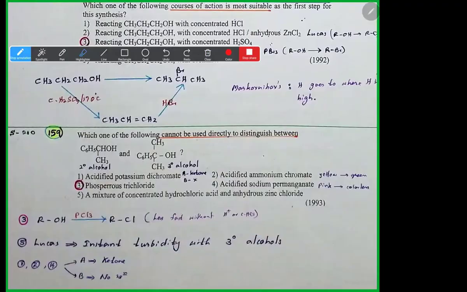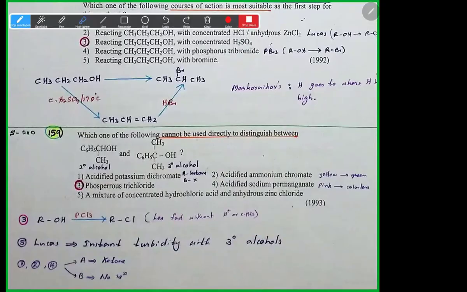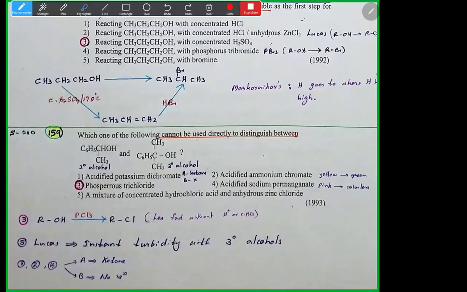Okay, 159. Which of the following cannot be used to distinguish between secondary alcohol and tertiary alcohol? Tertiary alcohols, no oxidation, so no reaction with potassium dichromate, permanganate whatsoever.